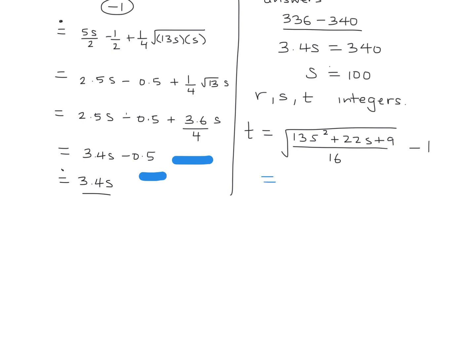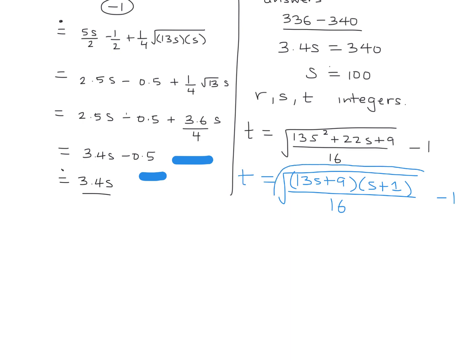So this is 13s plus 9 times s plus 1, and don't forget that minus 1, and don't forget that 16. For t to be an integer, this whole expression must be a perfect square that is also divisible by 16.